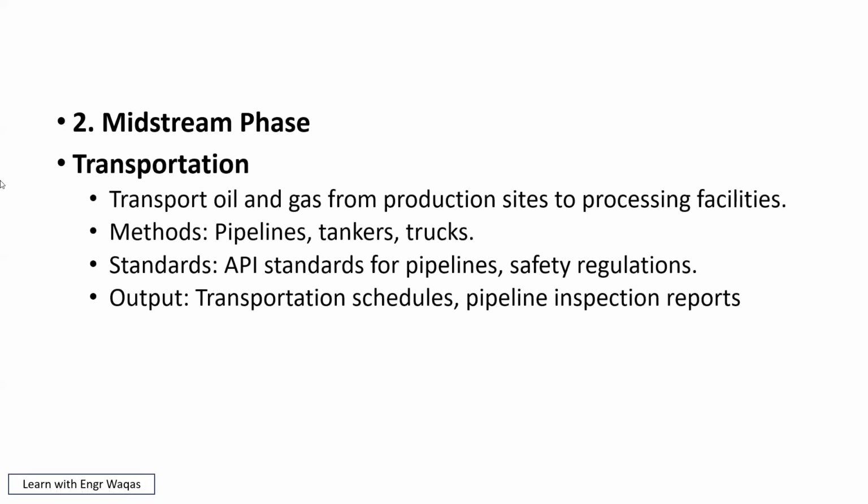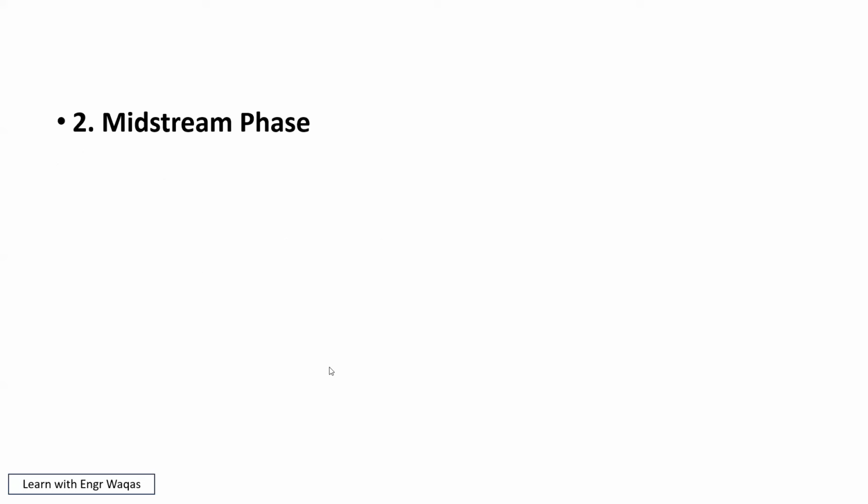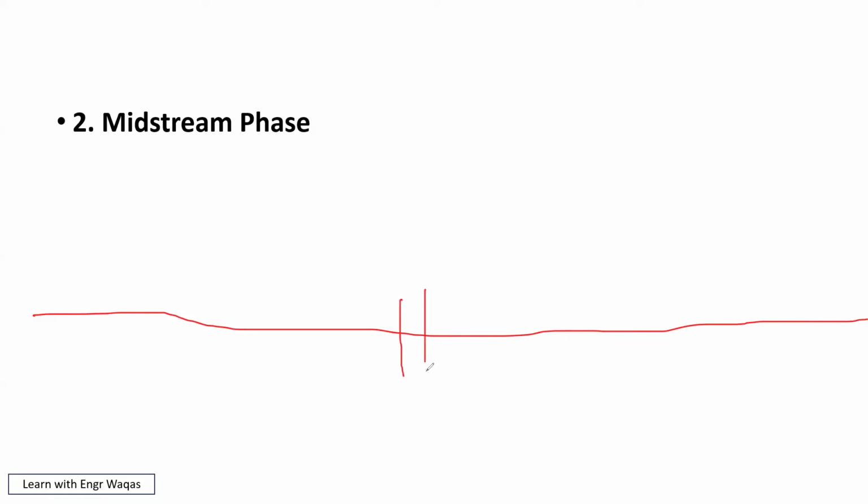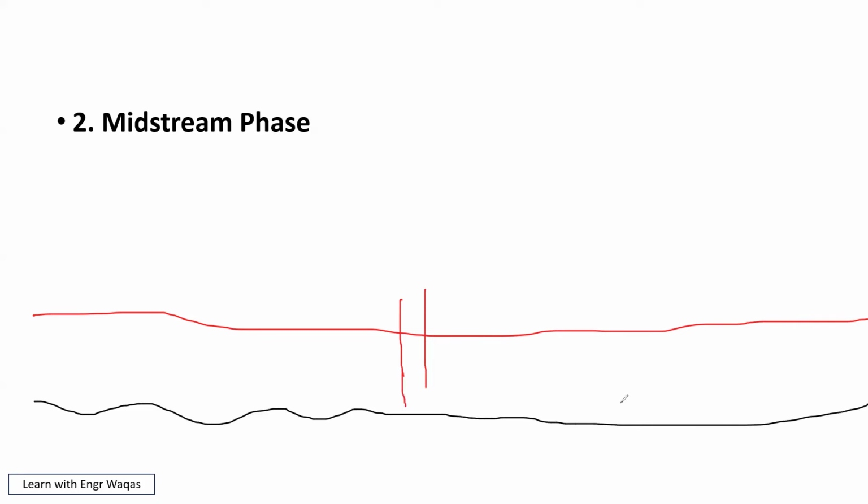Midstream is actually transportation. Once your drilling is done, let me draw over here. I'm not that good a sketch drawer, but here I will help you to understand. Here, you can see, this is land. This is the drill pipe. And this is your reservoir under the area, see?